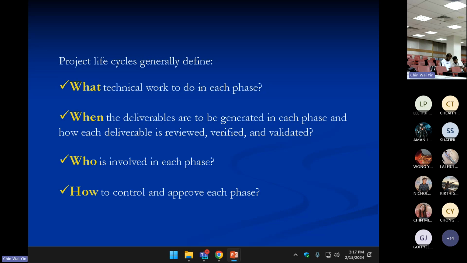Is it just the project manager, the team, or different departments, different sub-teams within the whole project? And how to control and approve each phase as well. Who needs to sign off? The project manager, the project owner, the finance manager, who needs to sign off at each phase. So this is why we have a project life cycle.